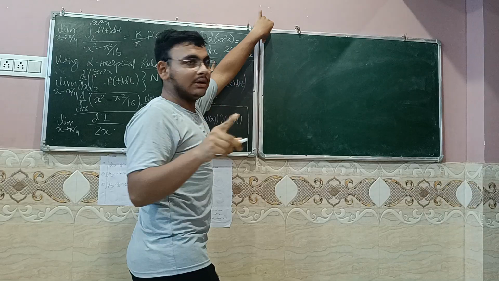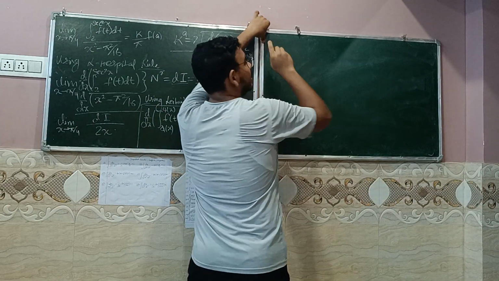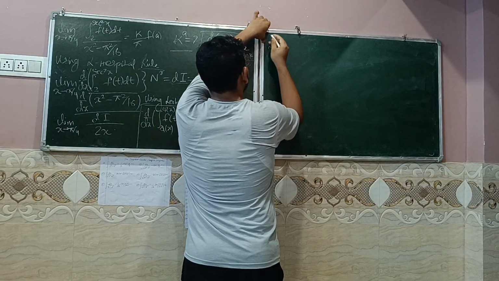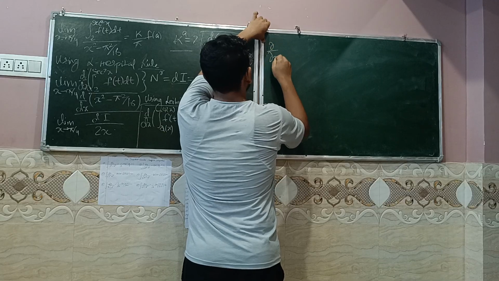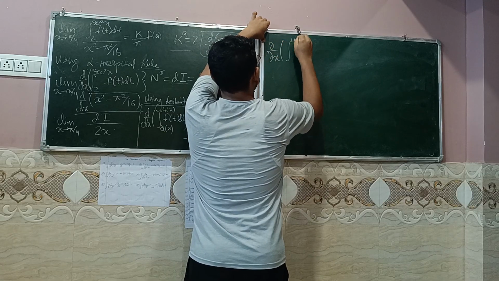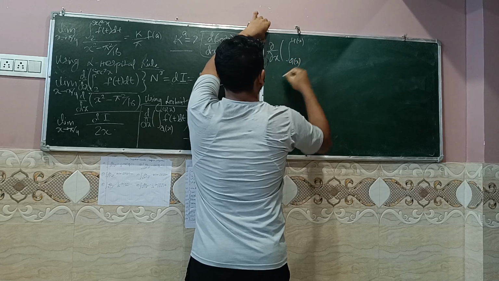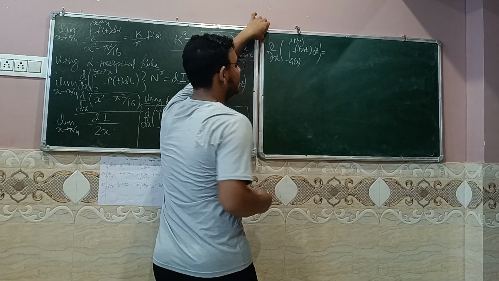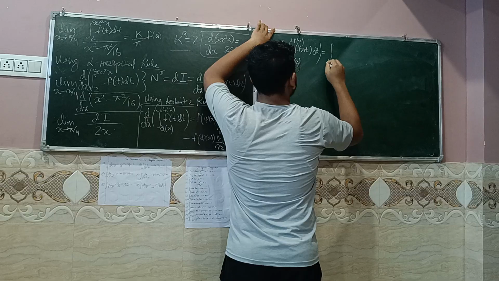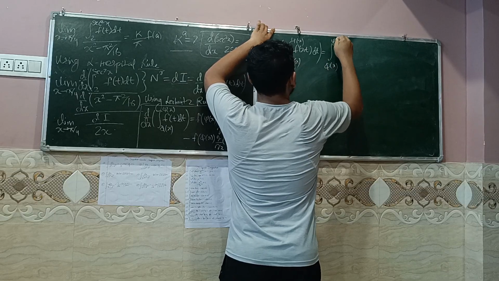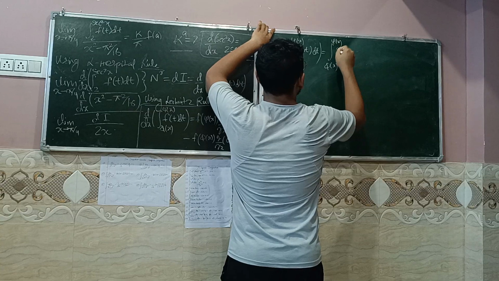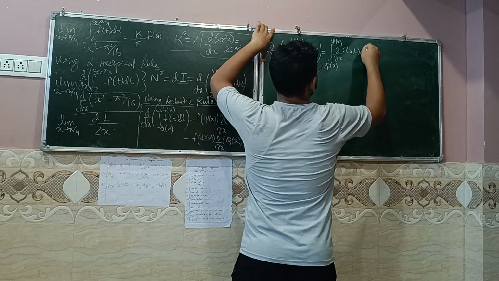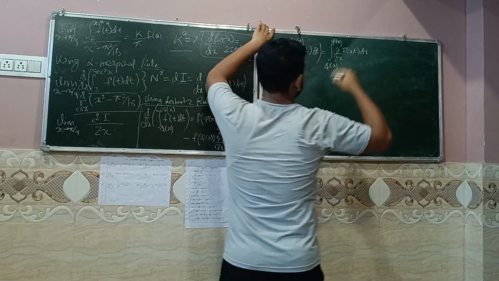The main rule is: the function consists of x and t, two variables. Here it comes that the partial derivative of the integral from phi of x to psi of x of f(x, t) dt is the integral from phi of x to psi of x of the partial derivative of this function with respect to x, with dt right here, right?